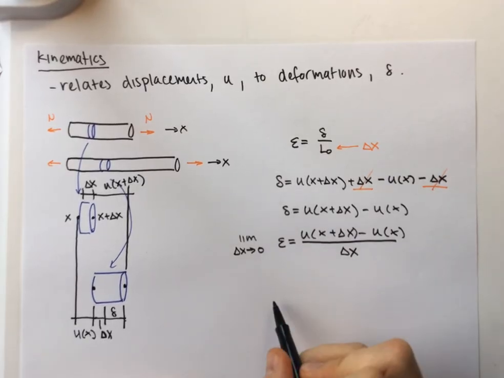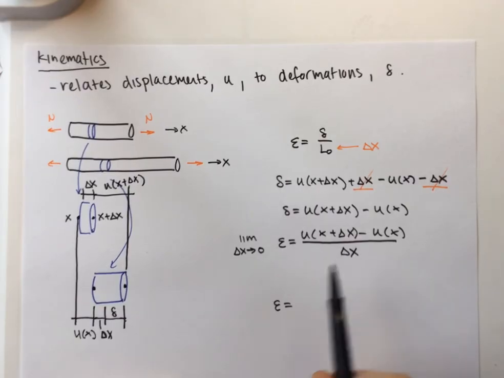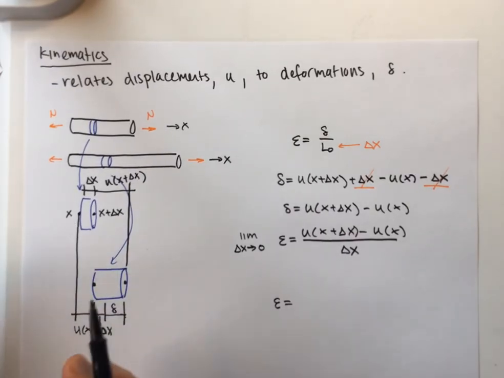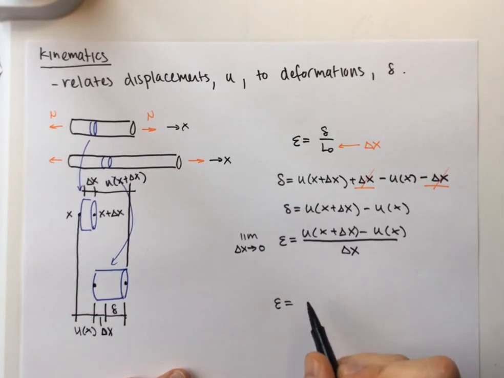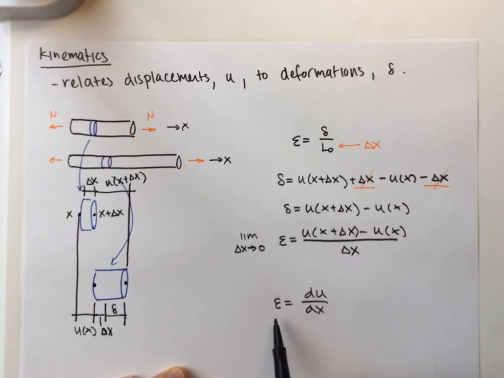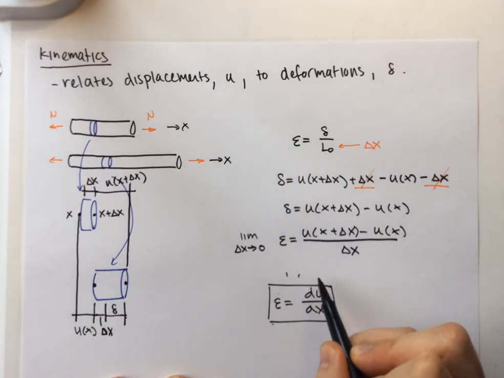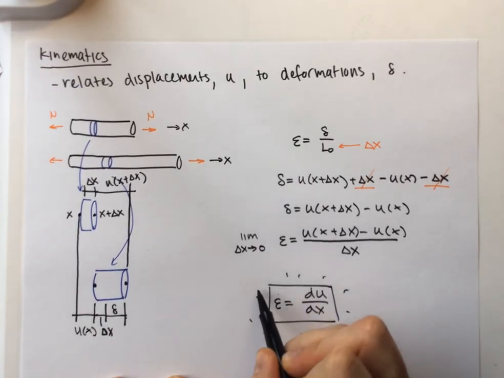And if we take that limit, as our little slice continues to shrink, we're going to end up with the derivative. So we're going to get the derivative of u with respect to x. So strain is nothing more than a derivative of the displacement. And that's pretty cool. So we're going to put a box around that, and we're going to give it some majesty here. All right.